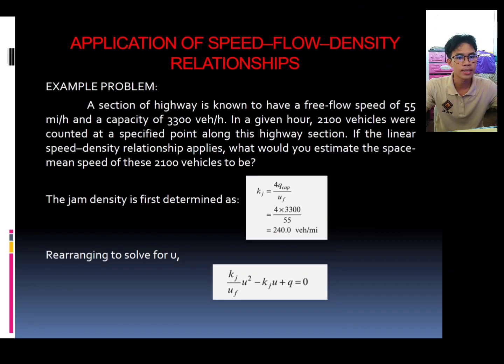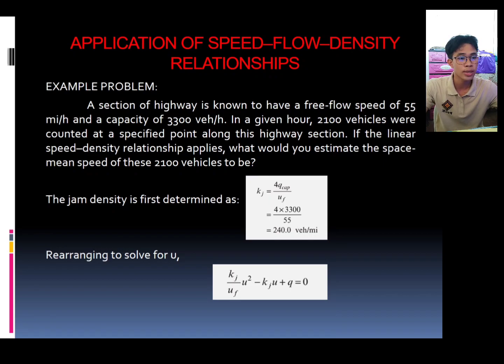2,100 vehicles to be? First, the jam density is determined as K sub J equals 4 Q cap over U sub F, which gives us a value of 240 vehicles per mile. Rearranging to solve for U, we get K sub J over U sub F times U squared minus K sub J times U plus Q equals 0.